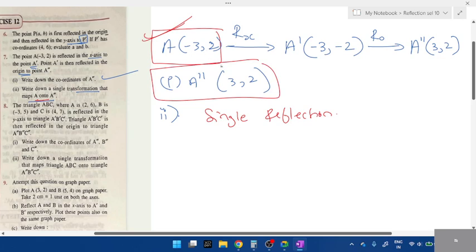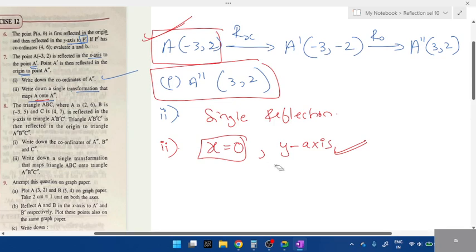Which one remains same and which is changed? First tell me which one remains same. Don't tell A and B, students. Tell X and Y. Y remains same, right? X is changed. Whichever changes, we usually take 0. If X is 0, then the reflection will be in which axis? Y axis.